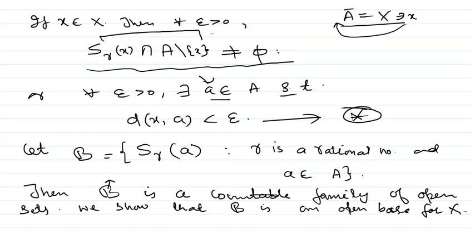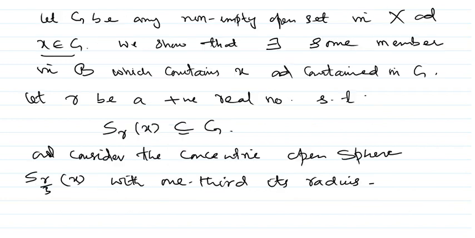Here epsilon is r by 3, so I can select a point A in capital A such that the distance between x and A is less than epsilon.